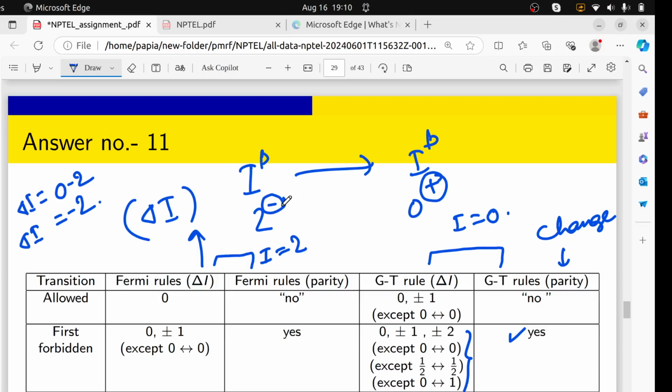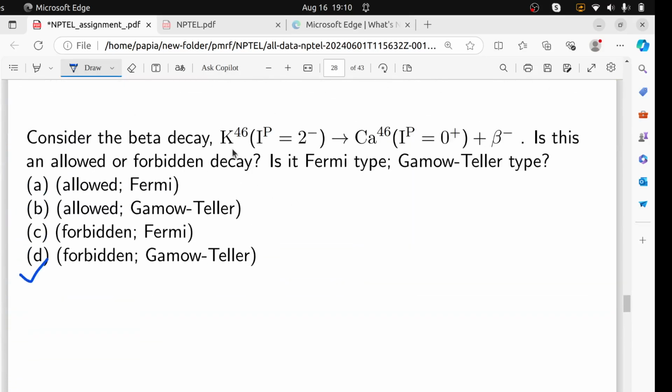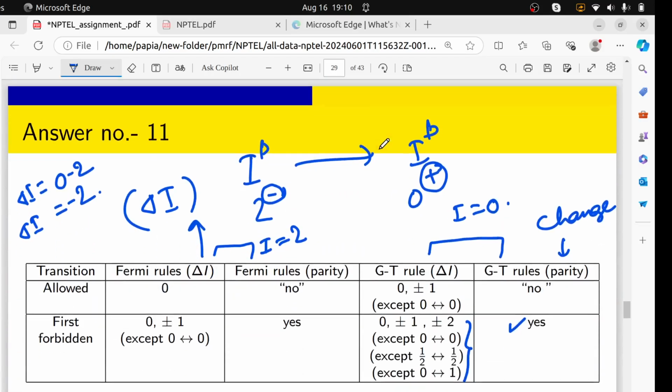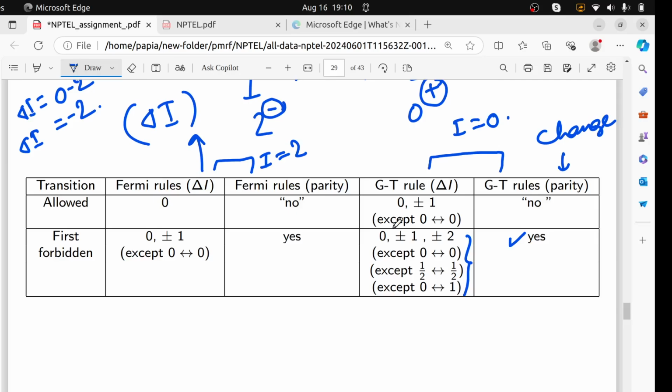Here the parent parity was minus, the daughter parity is plus, so yes, parity has changed. So both conditions are satisfied simultaneously. That's why we can say that the potassium 46 to calcium 46 plus beta minus decay is first forbidden with the Gamow-Teller rule.